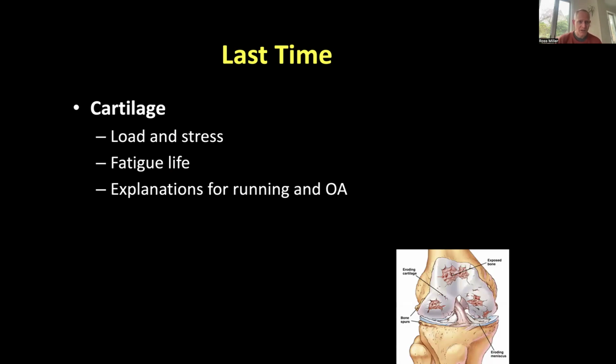So last time on Monday, we talked about cartilage and the relationship between load and stress. Stress in mechanics is the load applied to a tissue divided by the area of the tissue that load is seen by or felt by. So, for example, if I press with my thumb on my other thumb pad with a force of, say, 100 newtons, that's a 100 Newton load, but it's not a very big stress because I'm spreading that load out over a fairly large area.